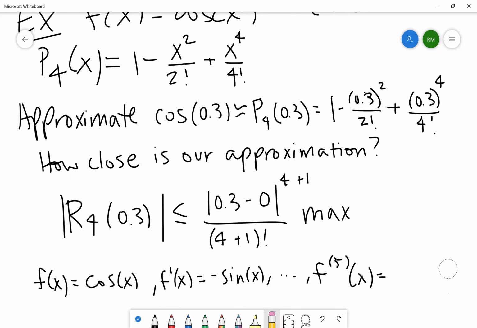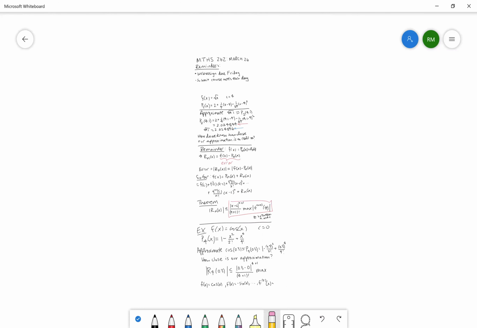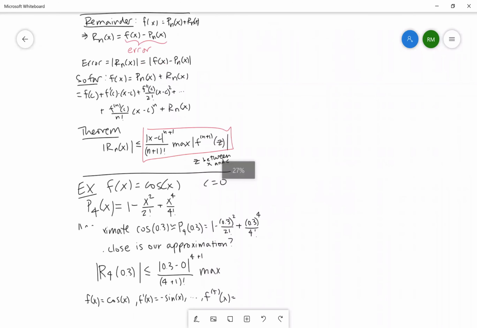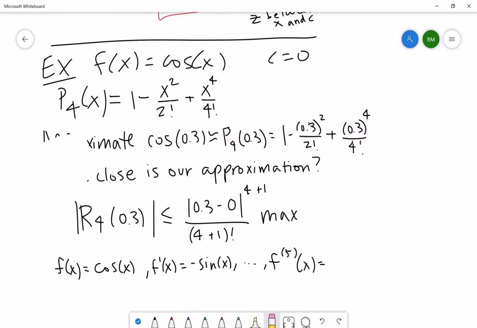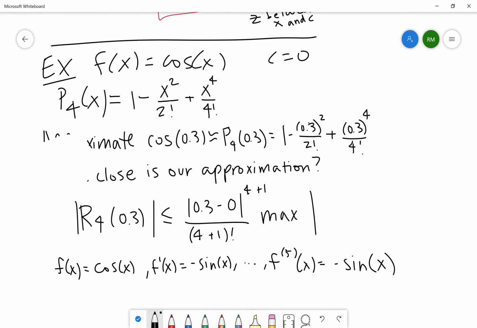This is the negative sine. Okay, so this is times the maximum of the absolute value of the negative sine of z, where z is some number between 0 and 0.3.